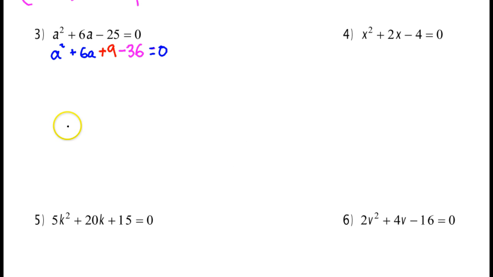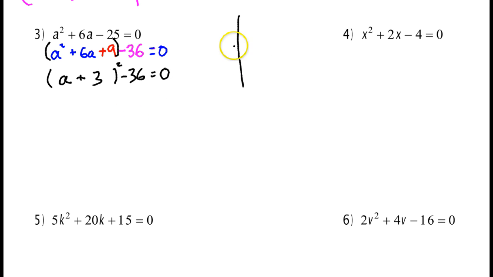You're starting and landing. All right, so let's factor the first 3 terms. What does that equal? Half of 6 is 3. Bring down the -36. Okay. I can start my sketch.